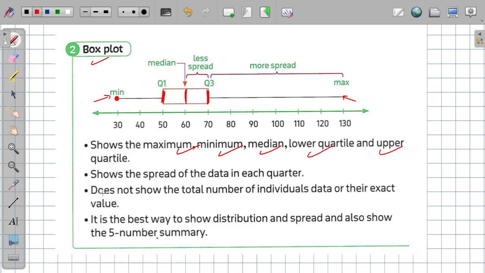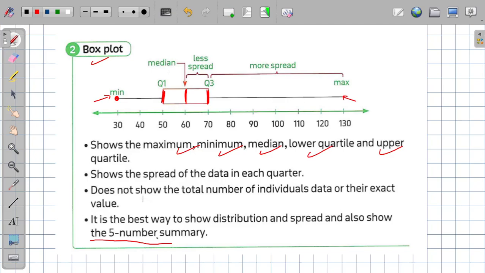But box plot does not show the total number of individual data or their exact value. Okay, and it's the best way to show distribution and the spread, and also shows the 5-number summary. So if we want to choose a display or way to represent data that shows the maximum, the minimum, the median, the lower quartile, the upper quartile, we can choose the box plot.